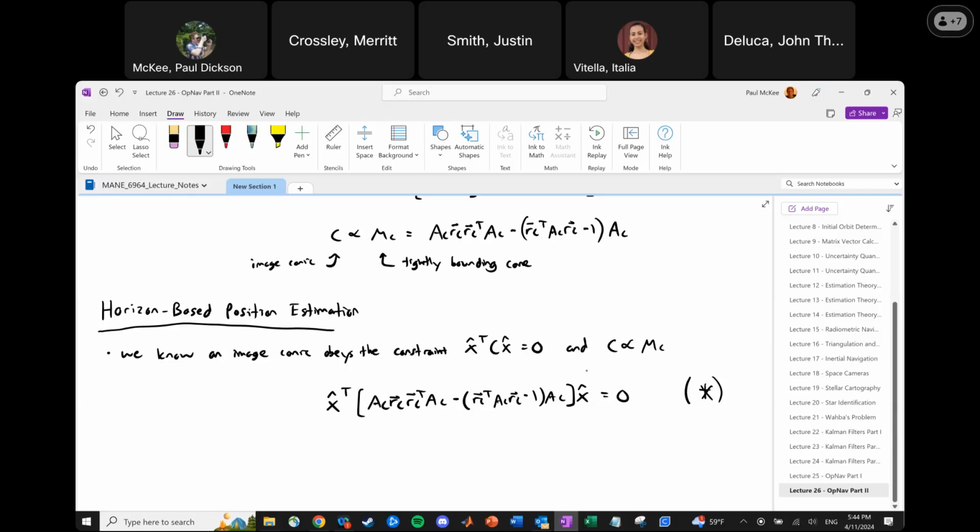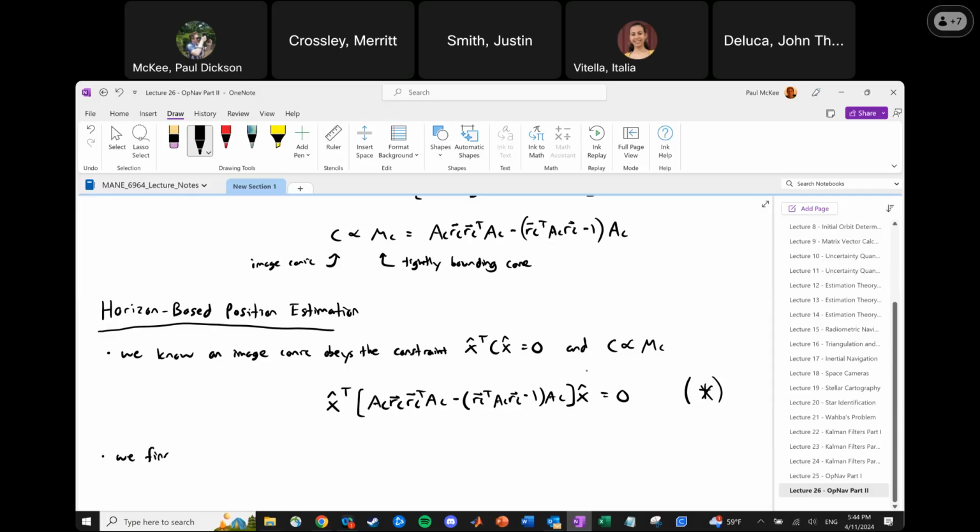This is what we've been talking about for almost 2 lectures now: we've got one equation which relates points in the image, which we know to be on the lit limb, to the planet shape matrix and the position of the spacecraft, which is fantastic. So now we just need to solve this problem, right? So I'll make a point here.